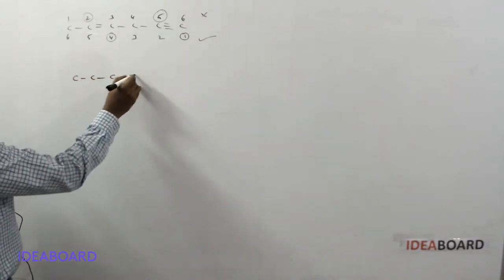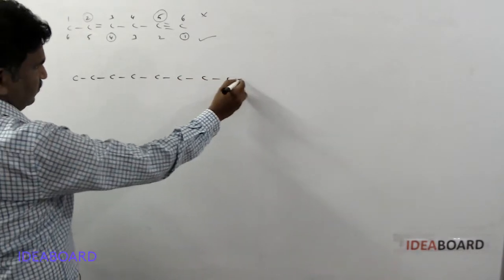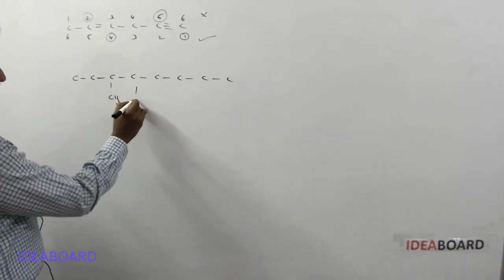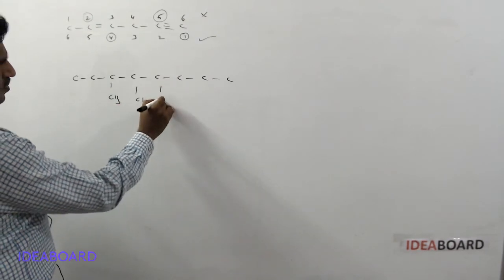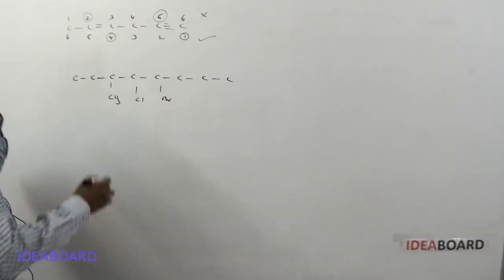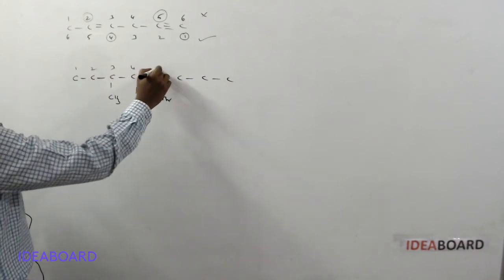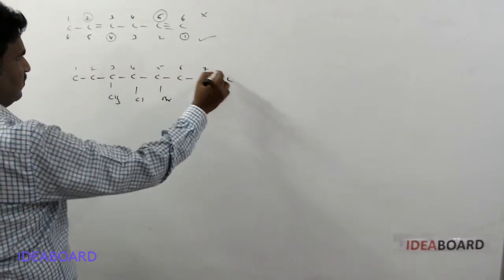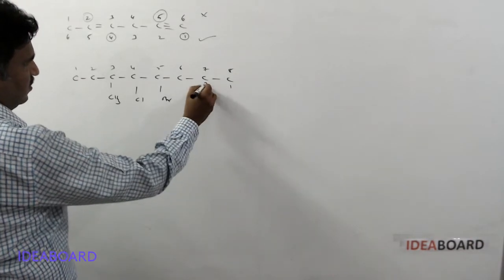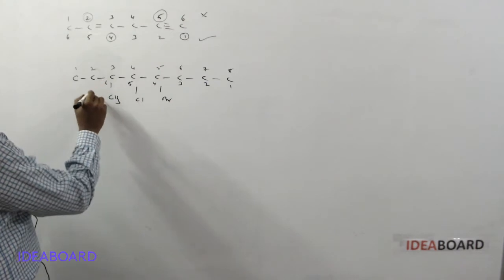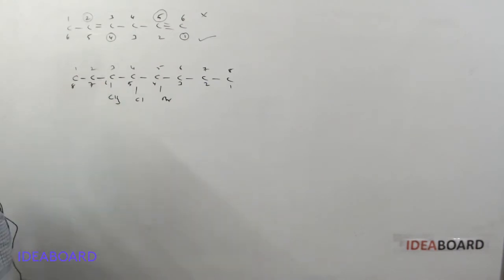And next, suppose you have a methyl group, here you have chlorine, and here you have bromine. For this numbering it is 1, 2, 3, 4, 5, 6, 7, 8. Here also 1, 2, 3, 4, 5, 6, 7, 8.